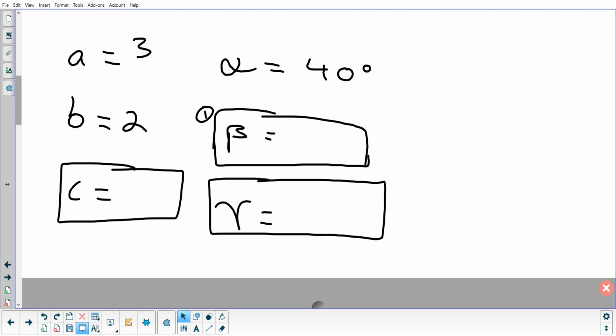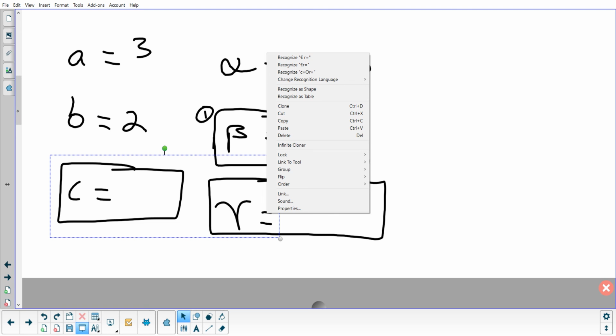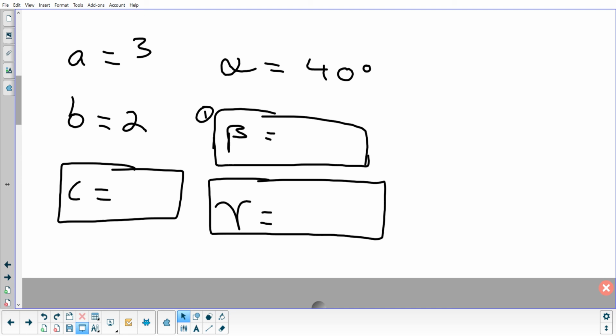Once you figure out beta, then you'll have 2 out of 3 of the angles. Well, once you know 2 angles, you can add up and subtract from 180. And that'll give you the third one. So you have to get this angle first, this angle second, and then once you get gamma, you finally have a piece of information in the last row. That makes it a partial row. Now you can figure out the other part, which is C. So you have to go in that order.